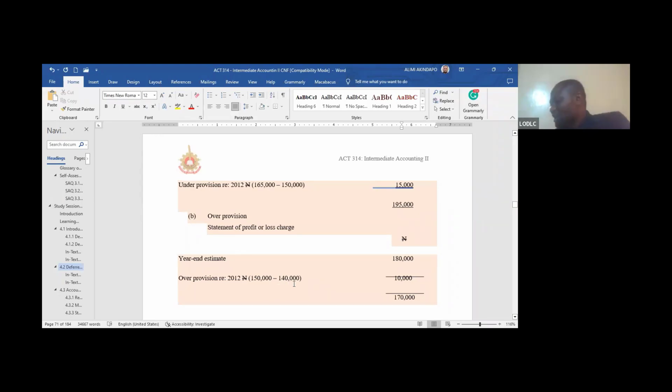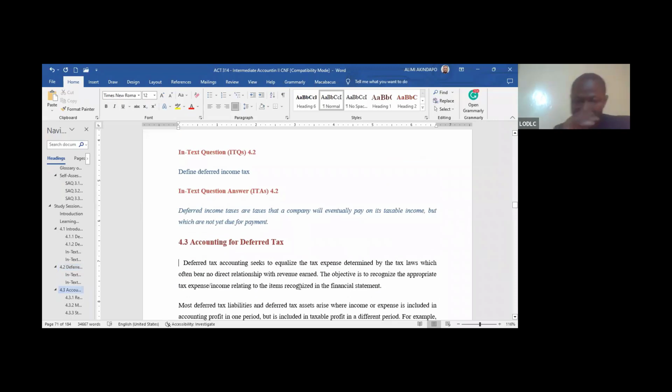So we have 10,000 as over provision that should be recorded on the statement of profit or loss and other comprehensive income. And once you have over provision, it has to be deducted from the estimated value. Then the under provision should be added back to the estimated value. So that is about that.